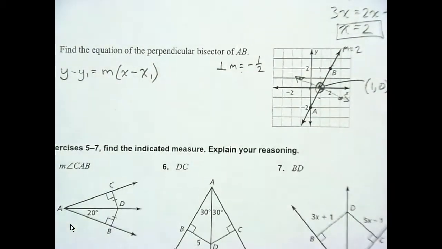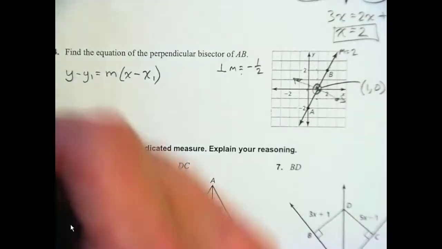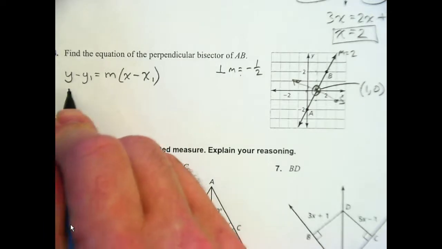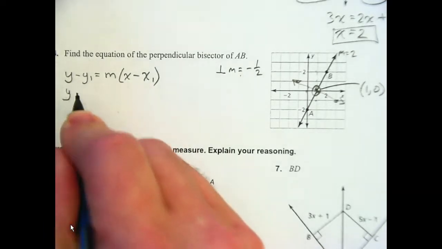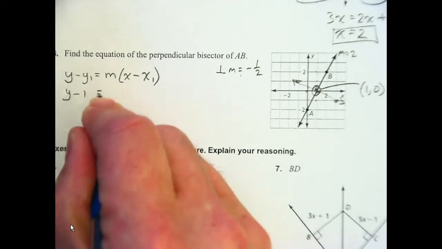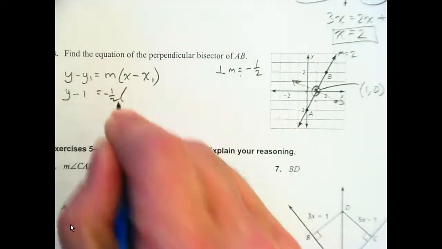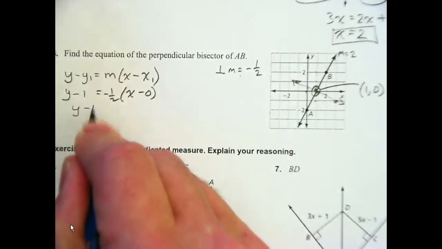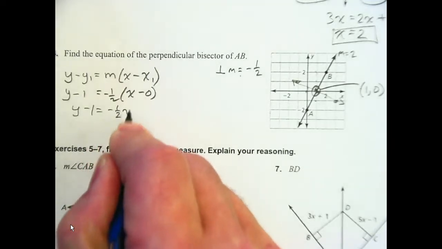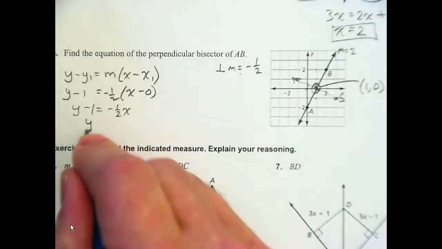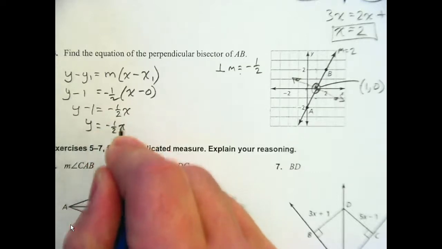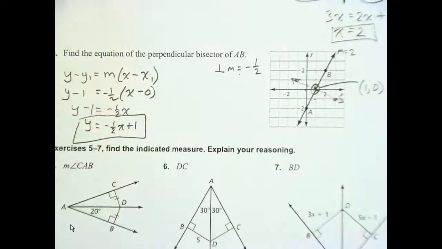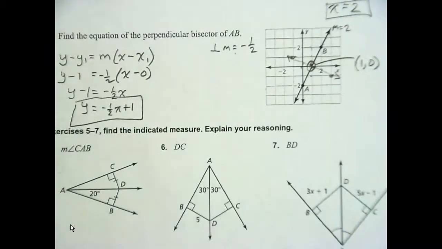And use point slope form again. It's up to you. You could use point slope, or you can go y equals mx plus b. Okay, y equals negative 1/2 x plus 1.